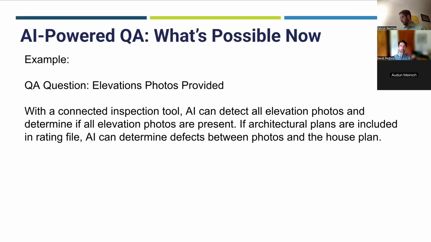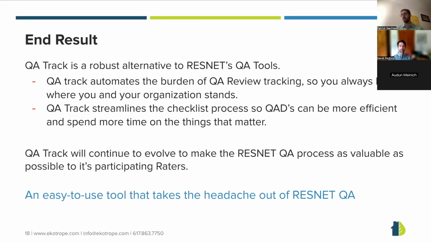Okay, to wrap it all together, QA Track is a robust alternative to ResNet's QA tools. It automates the burden of QA review tracking, so you always know how many QAs need to be done and how many have been submitted, on a quarterly basis, on an annual basis, for HERS, for Energy Star.